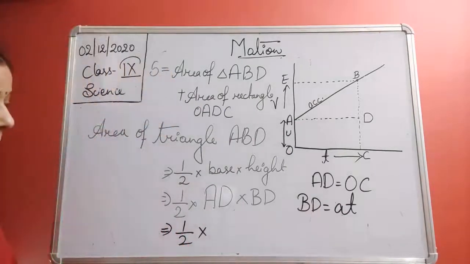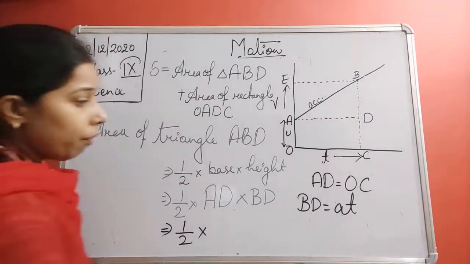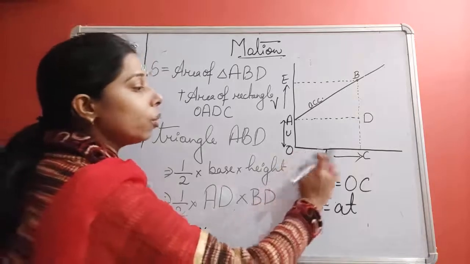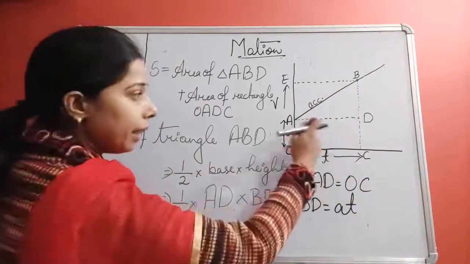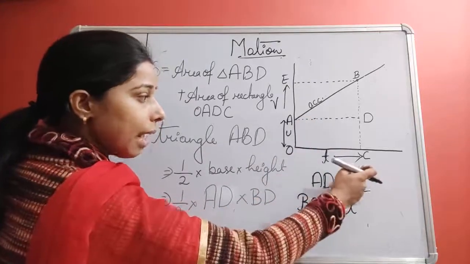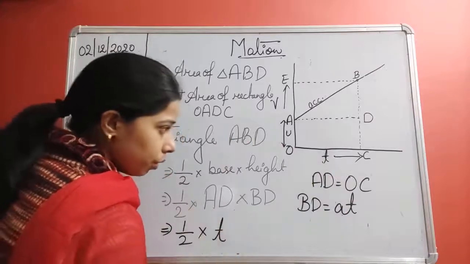AD will be equal to OC. Now, one more thing: if we talk about OC, that will be equal to T. So AD is equal to OC and OC is equal to T. So we can write here AD is equal to T.